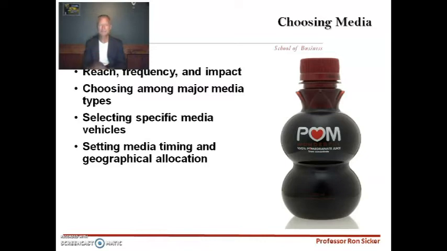Then you look at frequency. You want to hit somebody a lot. If you're looking at frequency, magazine ads are great because people thumb through magazines more than once. They'll thumb through magazines again and again and again for a full month until the next issue comes out. Another one would be billboards.